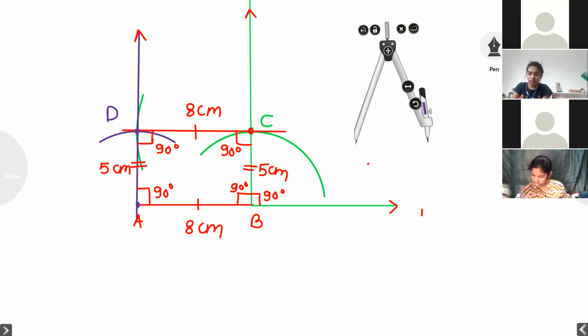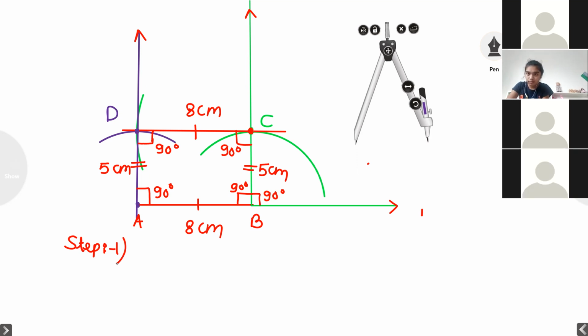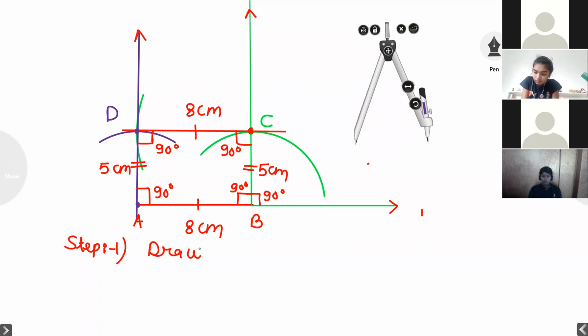Note down step 1: Draw AB equal to 8 centimeter.